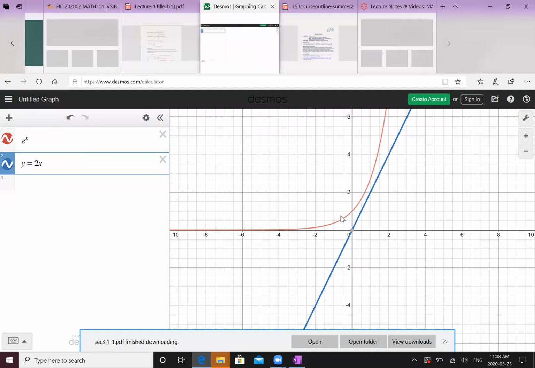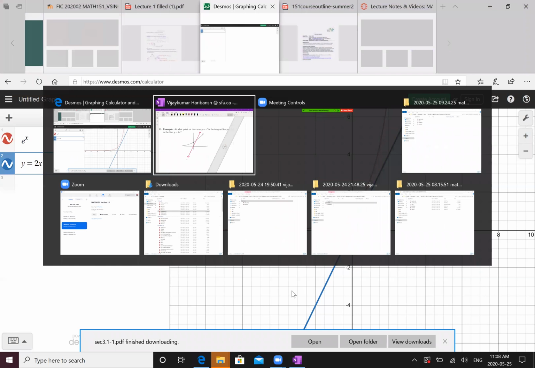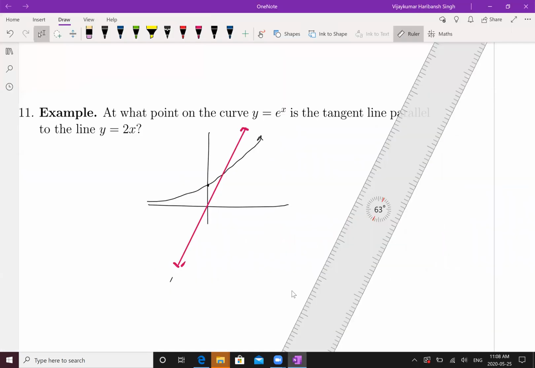So we are asking at what point these two lines are going to be parallel. At every point we have a tangent line here, right? We are asking at what point the tangent line to this graph will be parallel to this line. Of course, my graph is incorrect because the scaling is not proper, so let me erase this graph.